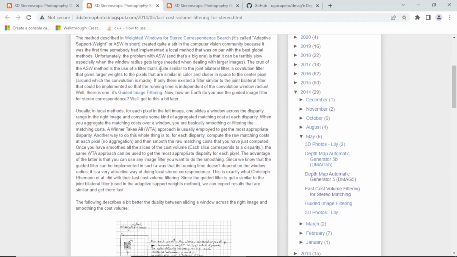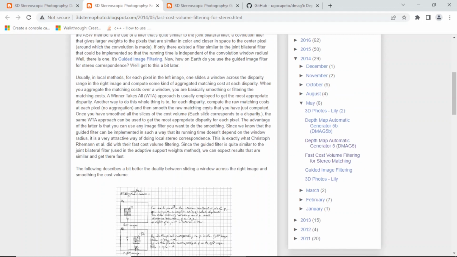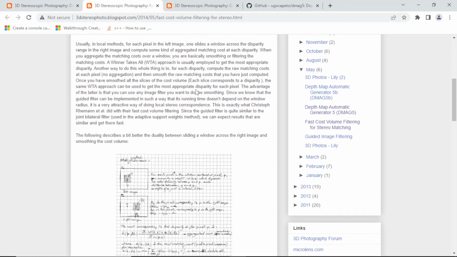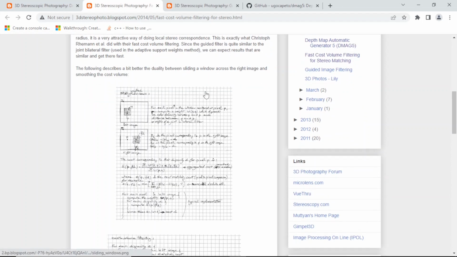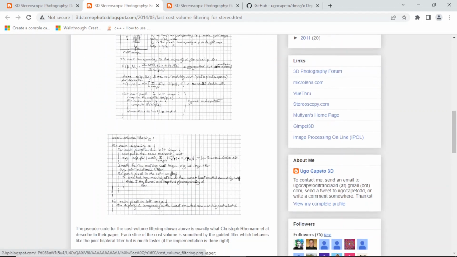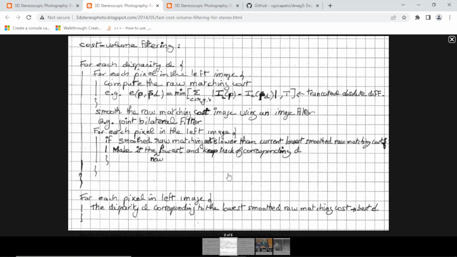You can read this, but let me go over how it works. This is what's actually in DMAG5.